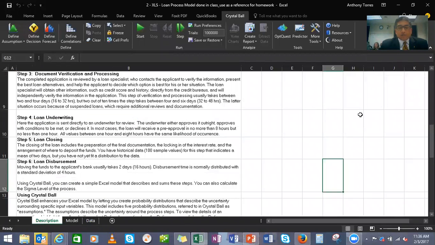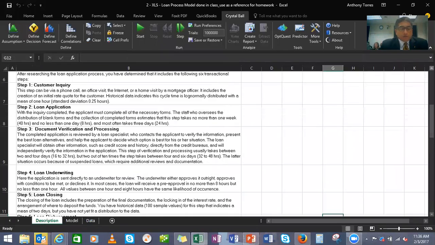It's a loan application. Loan application, staff oversees. This step takes no more than 1 week, 40 hours. Make sure you look at your homework. Which one is it? 40 hours. 24. 40.